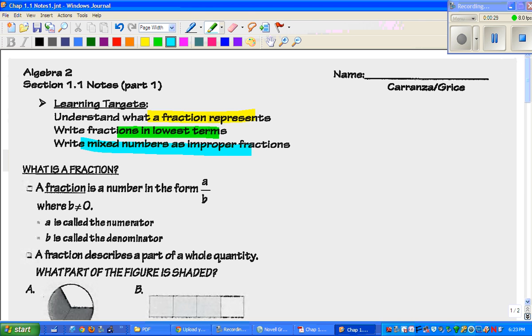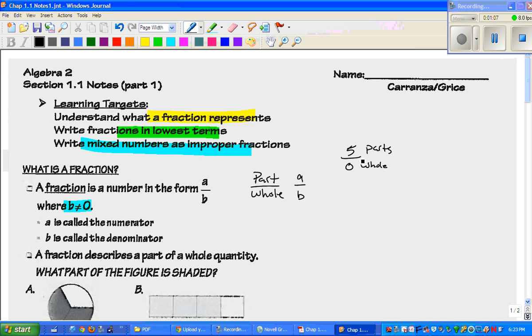Okay, now a fraction. Whenever you're talking about a fraction, you're talking about a part over the whole. The key thing is they're talking about A and B right here. A is the top, B is the bottom. B cannot equal 0, because can you have 5 parts out of 0?